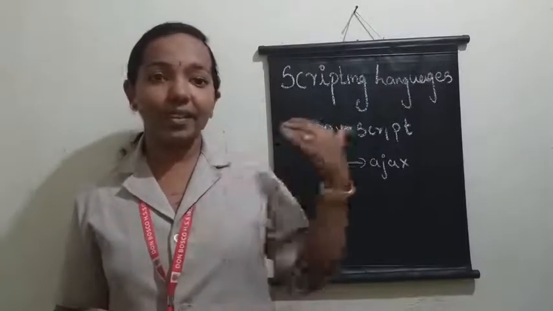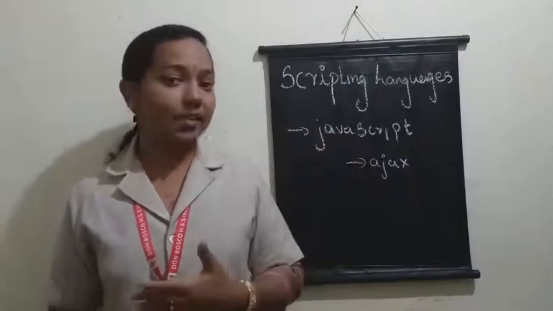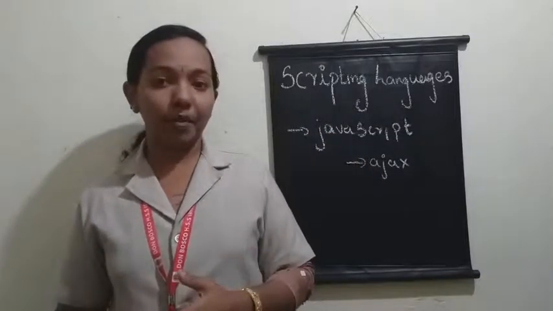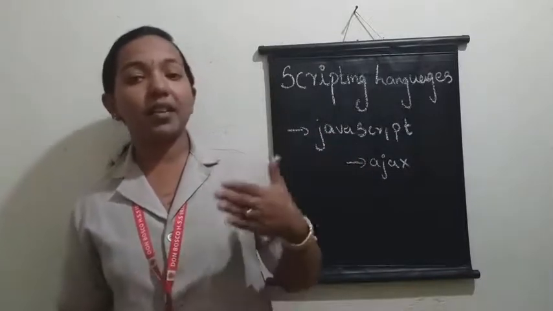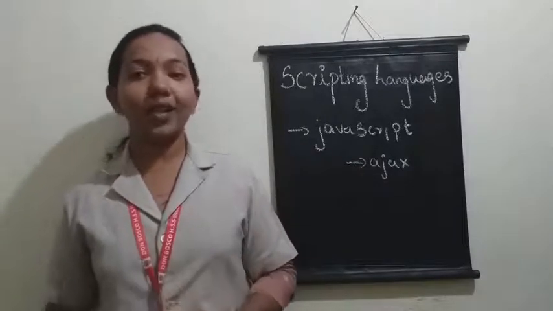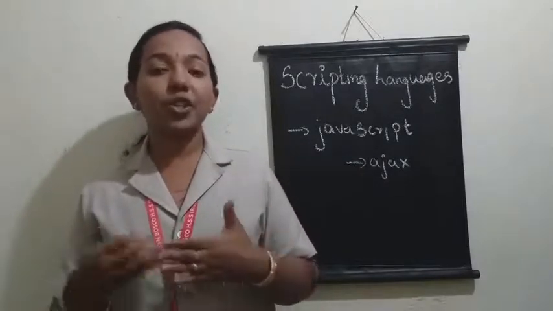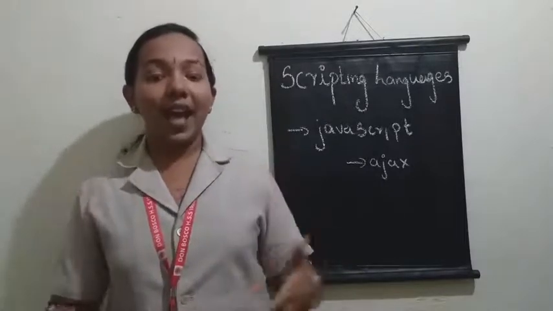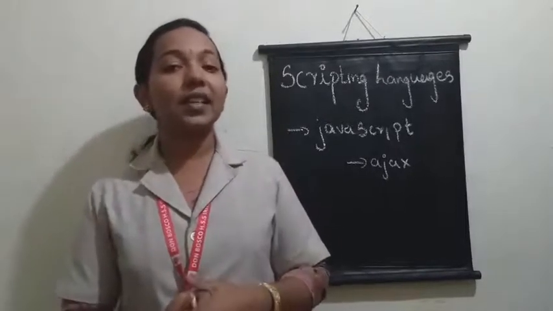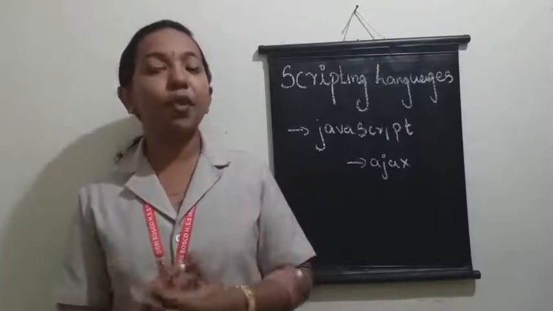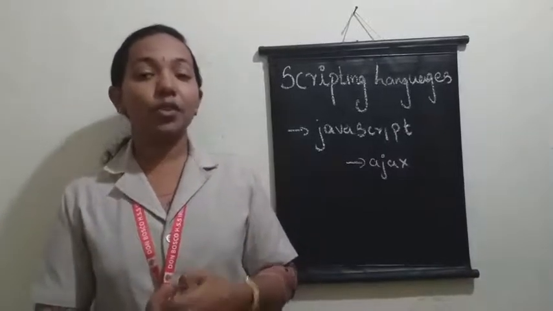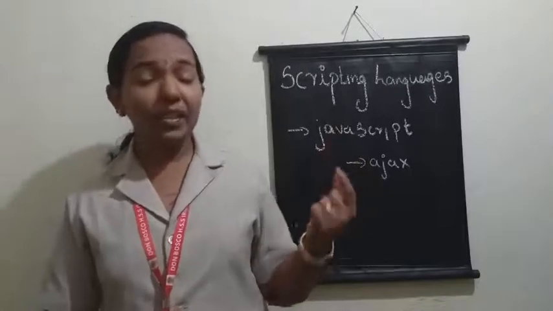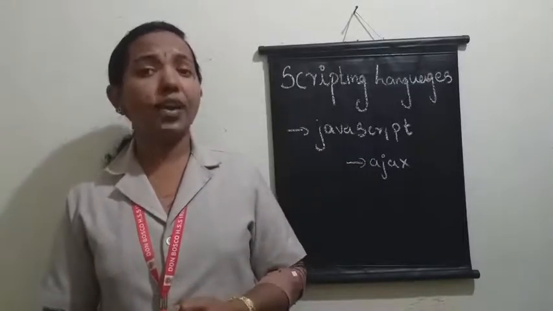Actually, it does not belong to server-side programming. In client-side programming, there is one concept available that is called Ajax. That means without refreshing the web page, the data is filled in the client-side form itself. That is the most important property of JavaScript.